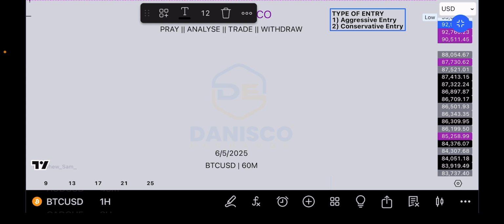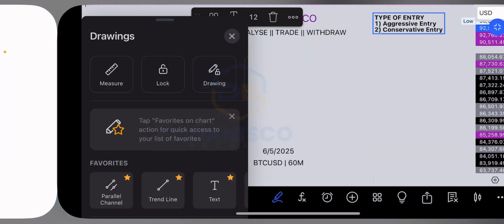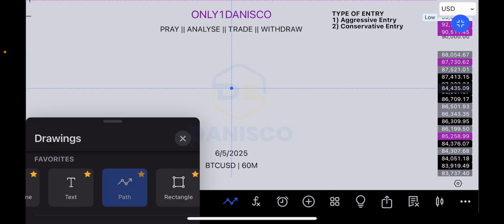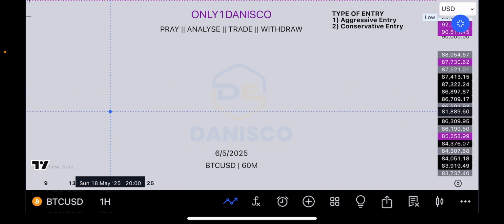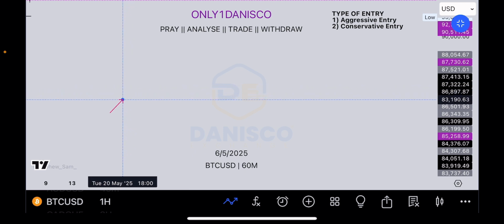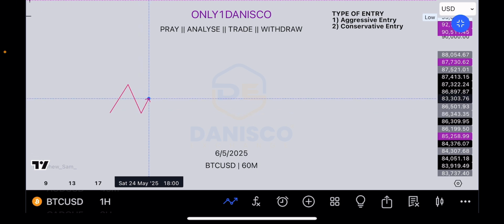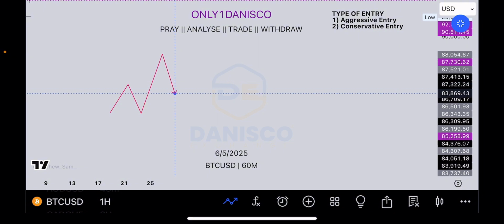When we are talking about entry, let's assume we have our POI, like this.